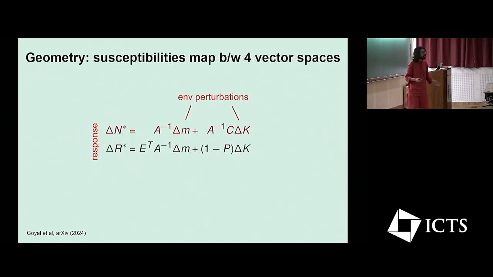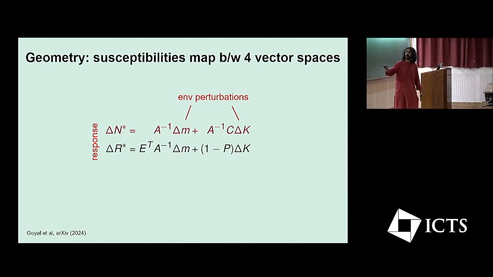Okay, so that's a linear response theory, but what does it tell us? Well, one thing that it tells us is that there's a rather nice way of interpreting these responses or the solutions to these equations in terms of some sort of geometry. And what the geometry is saying is that there essentially are response variables and our perturbations represent 4 different kinds of vectors which live in 4 distinct vector spaces.